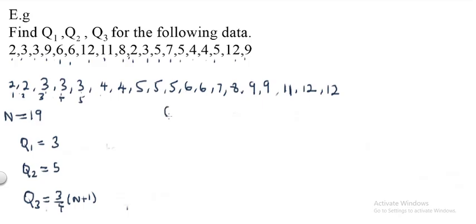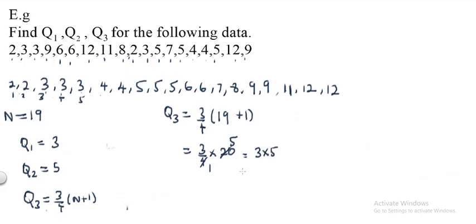So Q3 is equal to 3 over 4, open bracket, n is 19, so 19 plus 1. This is equal to 3 over 4 times 20. 4 into 4 is 1, 4 into 20 is 5, so this is equal to 3 times 5, which is 15. So we are looking at the 15th term for the third quartile.